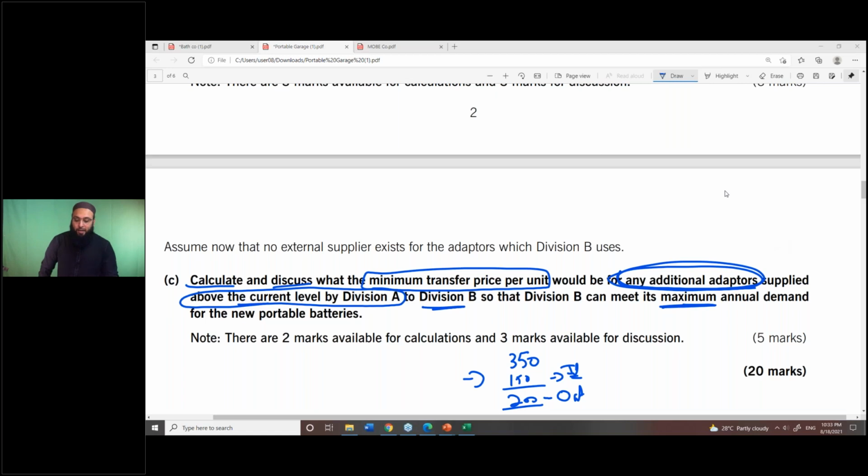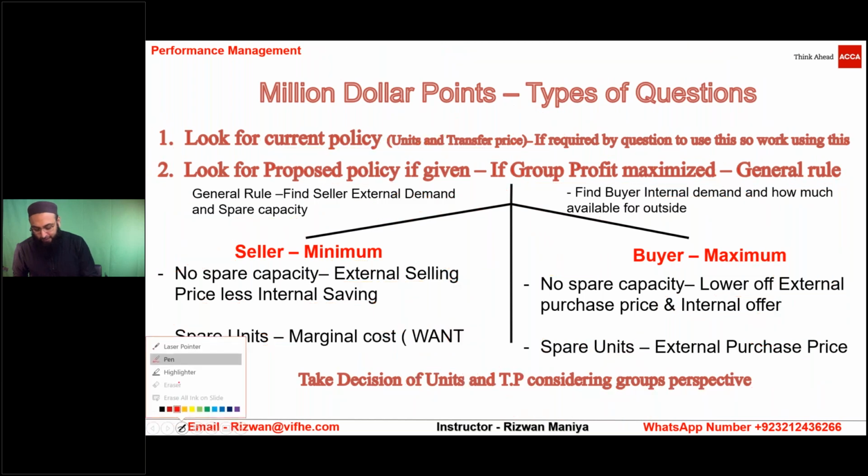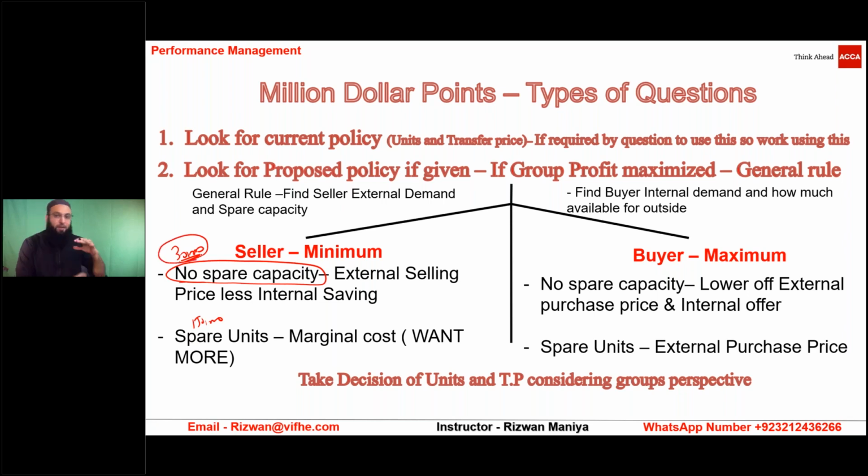What will be the minimum one? We have already worked out: 14. How? See. Spare are 150, right? Now any additional above is how much? 30,000. So when your spare is 150, if you go above 150 to meet internal demand, you are compromising on your external market of 200,000, yes or no?